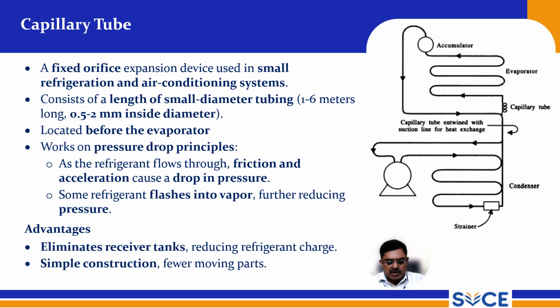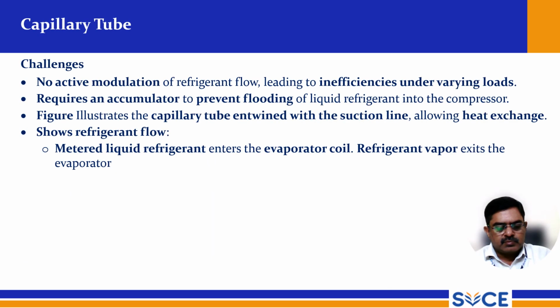Only one fixed phase expansion device is required. The challenge here is that there is no active modulation of refrigerant flow, leading to inefficiencies under varying loads. That is the biggest challenge, and it requires an accumulator to prevent flooding of liquid refrigerant into the compressor.